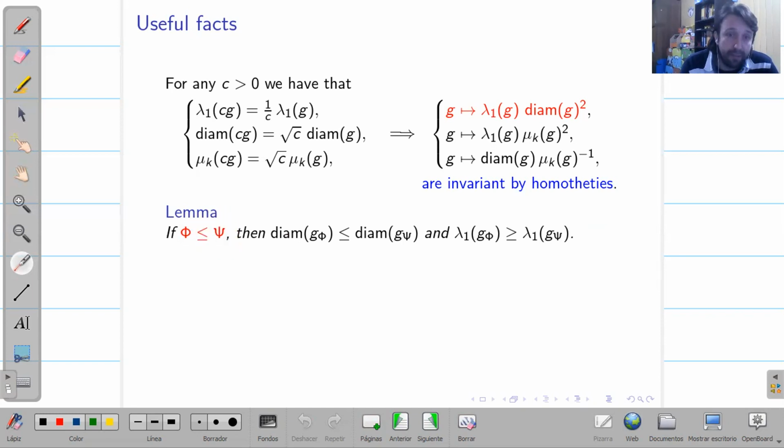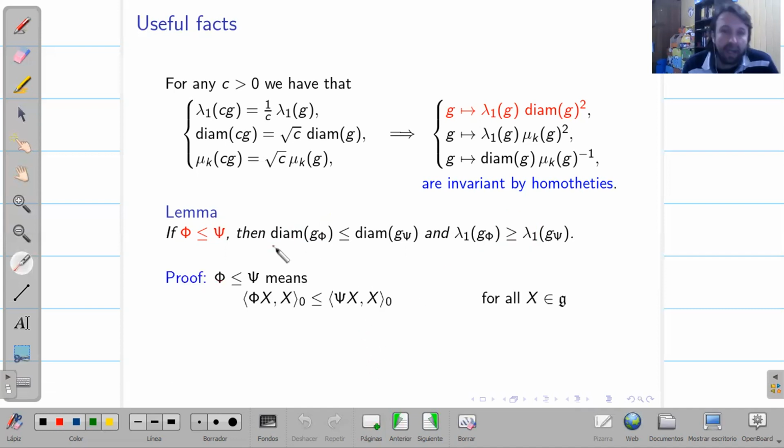This means that this minus this is positive definite, but this inequality means this minus this is positive semi-definite, so it has eigenvalues greater than or equal to 0. We will see that this inequality implies this inequality and the reverse inequality here. What is the definition of this?